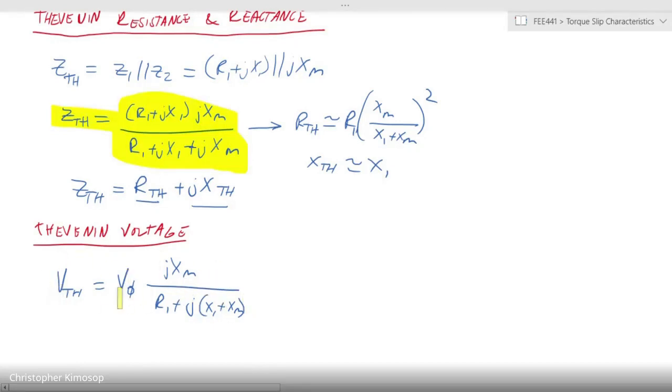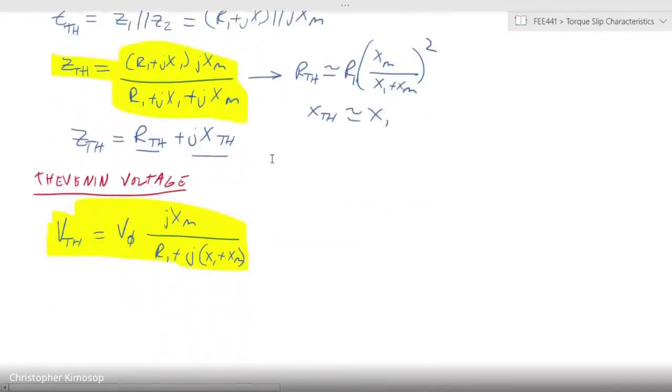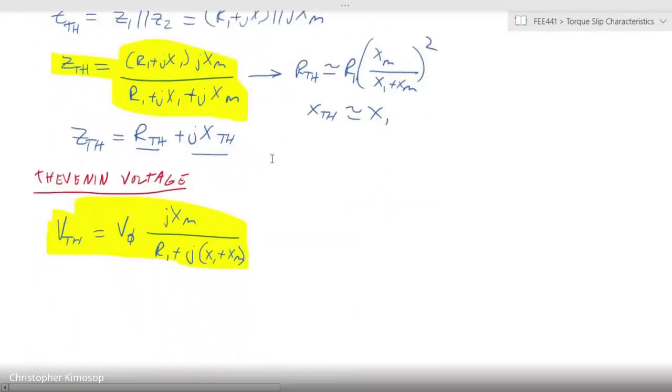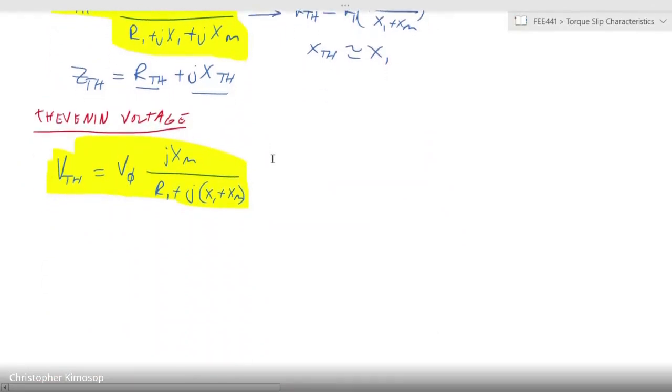So those two are our key expressions that will allow us now to convert our circuit. Let me redraw how it will look.